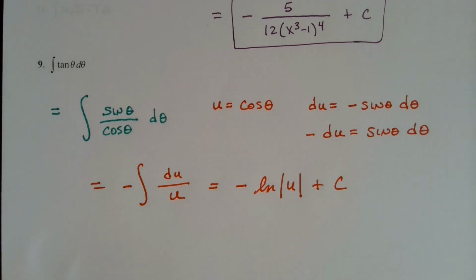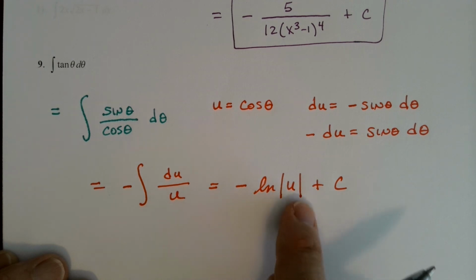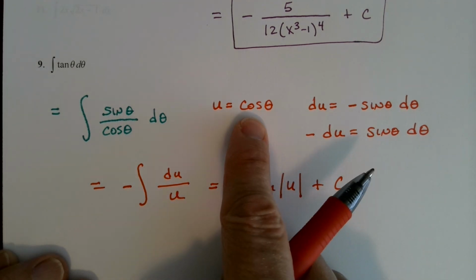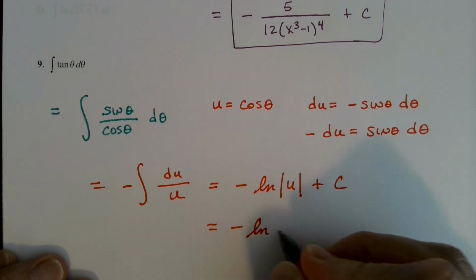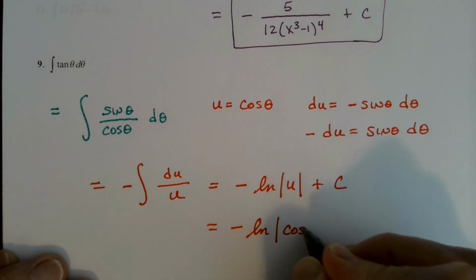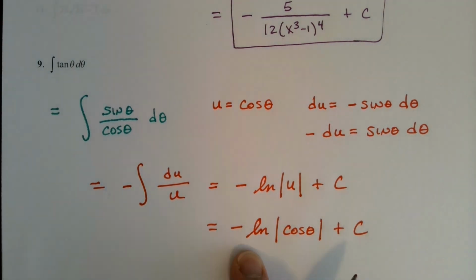And there it is. There is the antiderivative of this. I do have to go back to the original variable, but that's easy because u is cosine theta. So the antiderivative of tangent theta is minus 1 times the natural log of the absolute value of cosine theta.